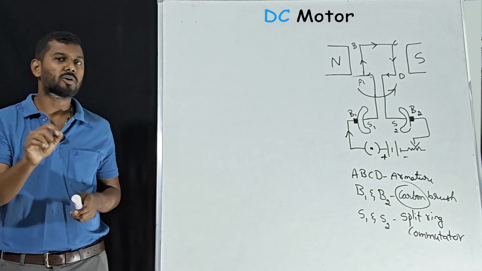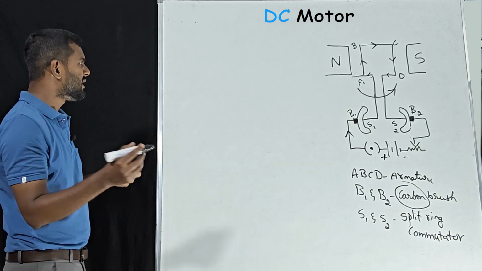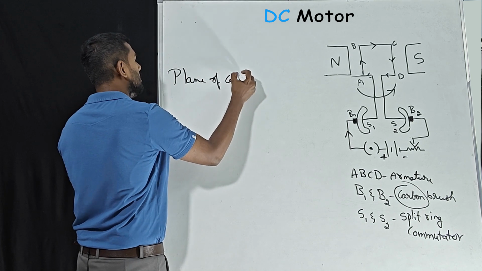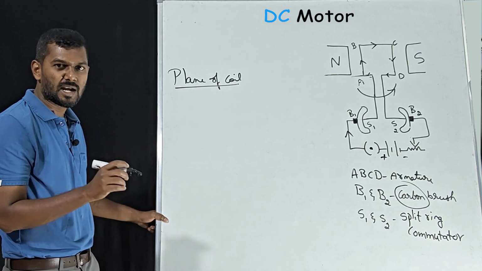Now we'll talk about an important topic when it comes to DC motor or AC generator, that is plane of coil. Before understanding this, we need to understand the basics.